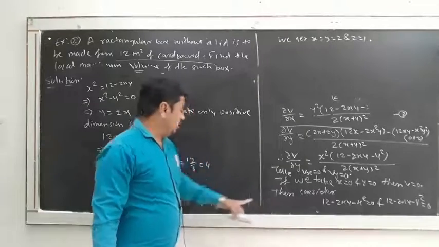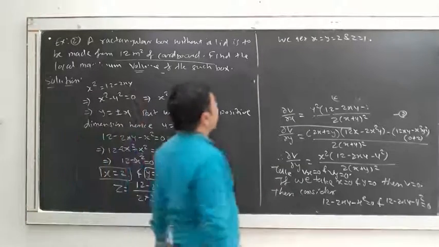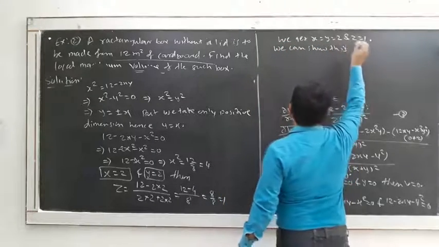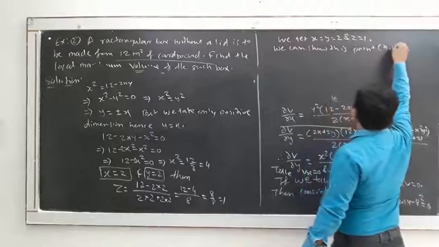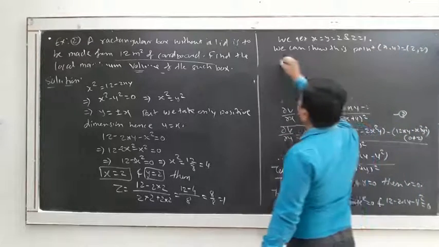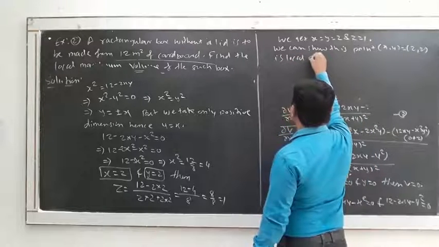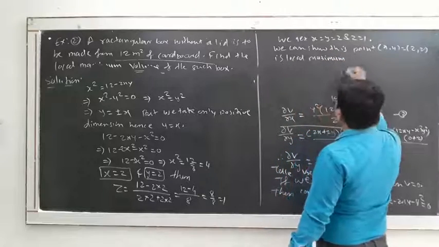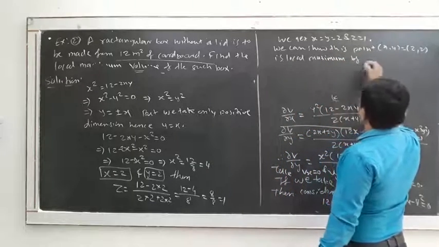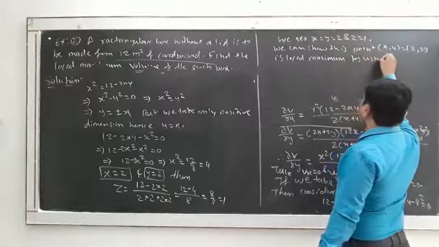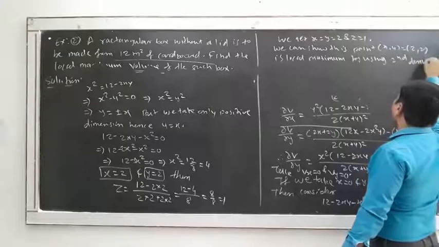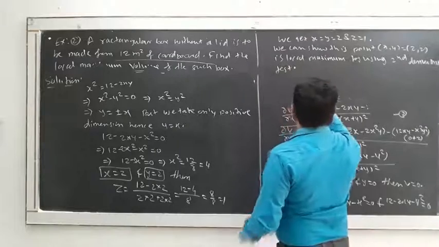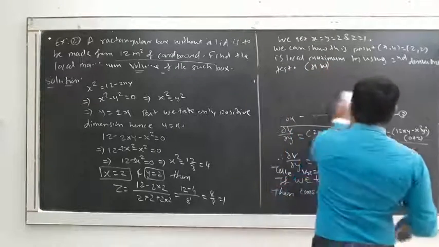Then we solve this, and by the second derivative test we can show this point x equals y equals 2 is a local maximum, or what we have to find, maximum by using the second derivative test. This is homework for you.